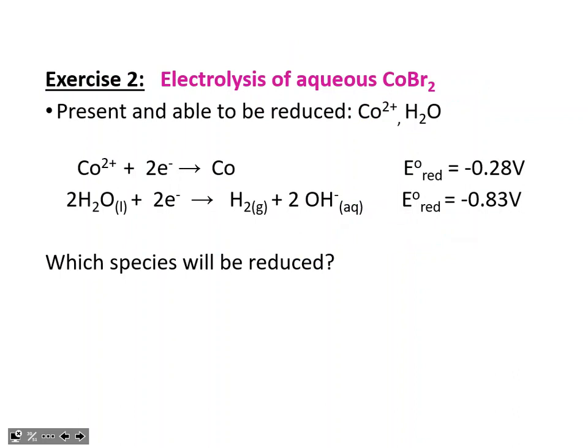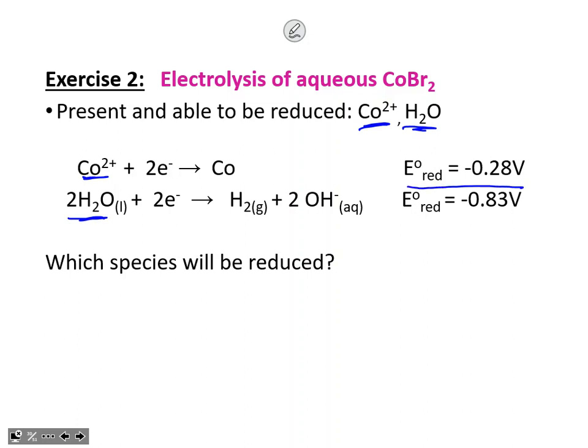Let's look at this example. Electrolysis of aqueous cobalt(II) bromide. You have two reductions that can possibly take place because you have the cobalt 2 ion in here and you have water. They can both possibly react at the cathode. Look at their reduction potentials.